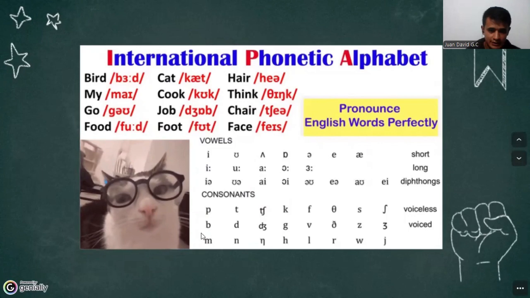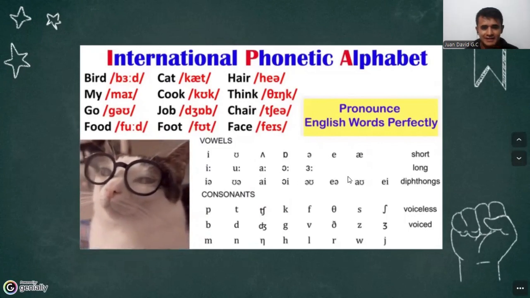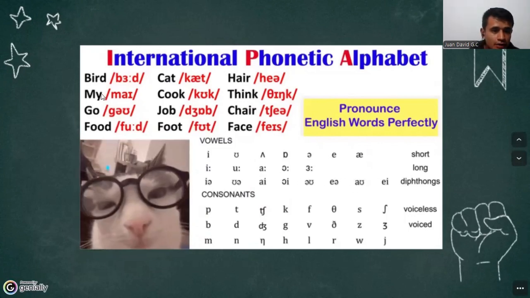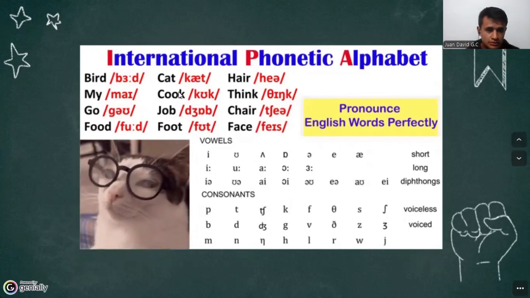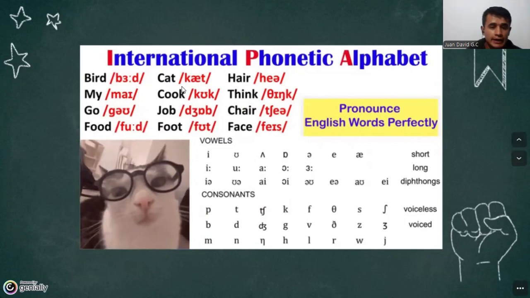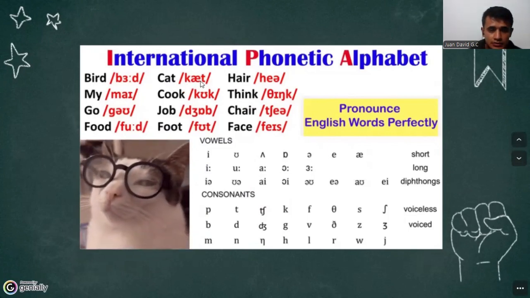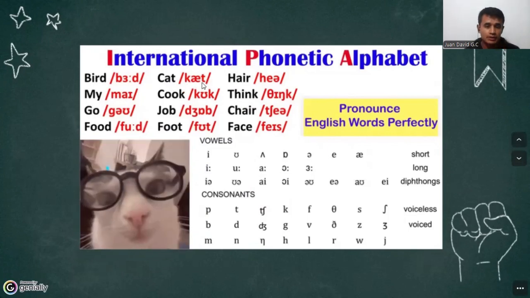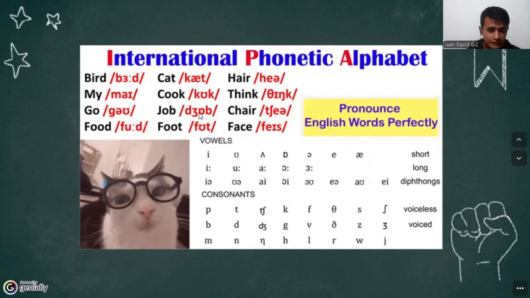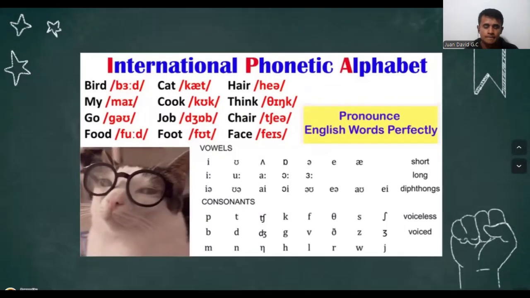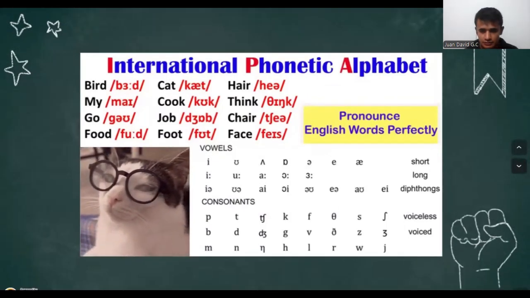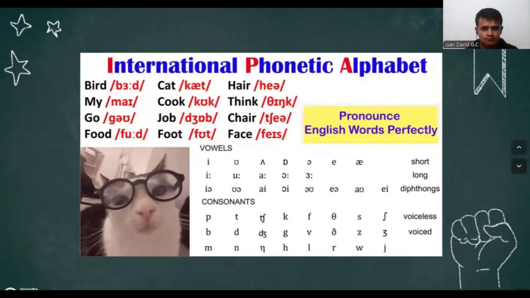Here we have the cat, and here we have some expressions, some words, where we can see the International Phonetic Alphabet underlined in red. So let's continue with the next slide.